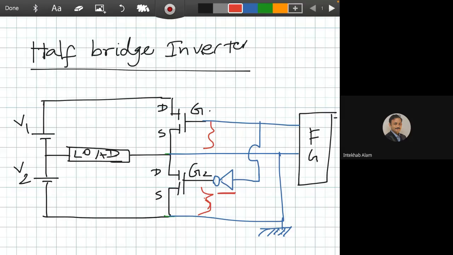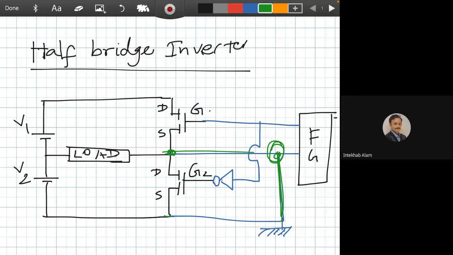So when we make a connection in this form, what happens actually? You can see that this point is actually grounded. And this point actually is this one.